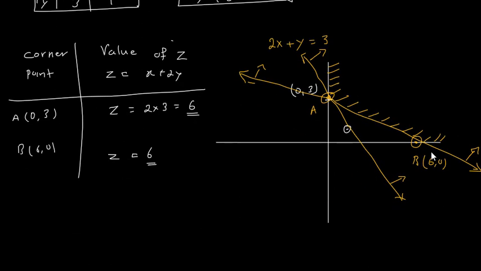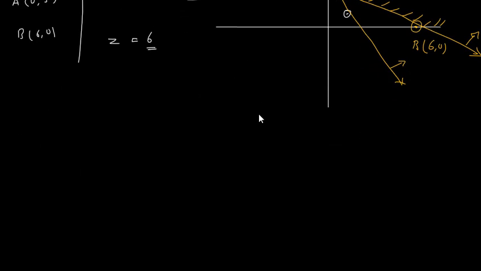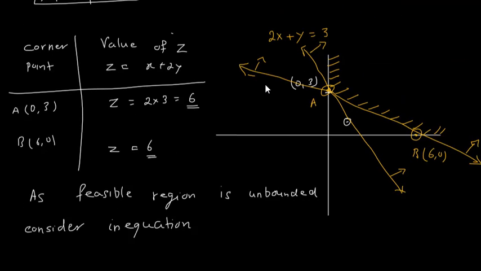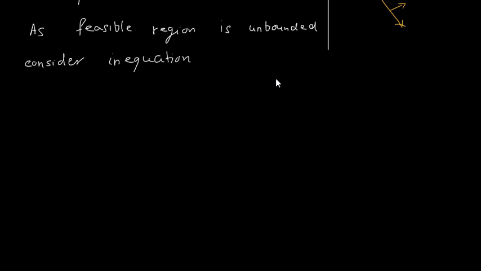So for an unbounded region I have to check the solution for the equation. Consider that the feasible region is unbounded; consider in the equation z equals x plus 2y, x plus 2y less than or equal to 6.